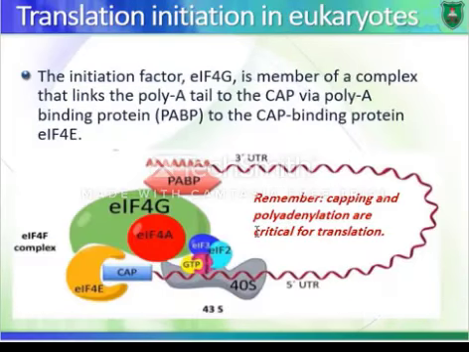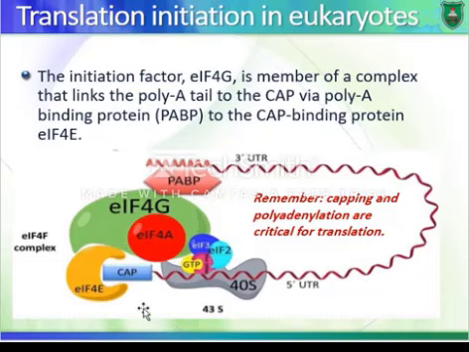You remember that we talked about the importance of capping at the 5' end and the polyadenylation at the 3' end, and their critical roles in protein translation. You can see here that at the 5' cap there is a protein, eukaryotic initiation factor 4E, that binds to the 5' cap, and this protein binds to eukaryotic initiation factor 4G, which is already bound to a protein called poly-A binding protein bound to the poly-A tail.